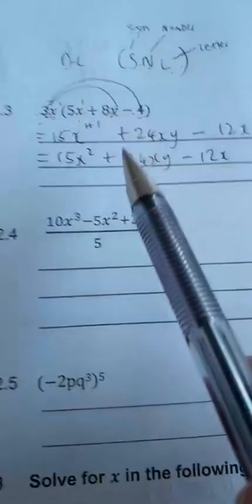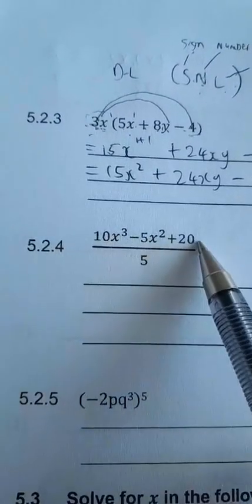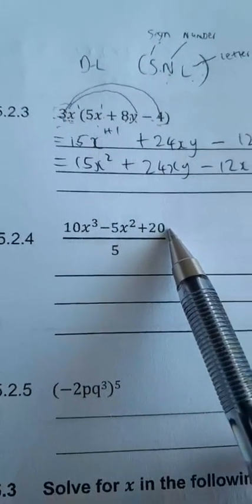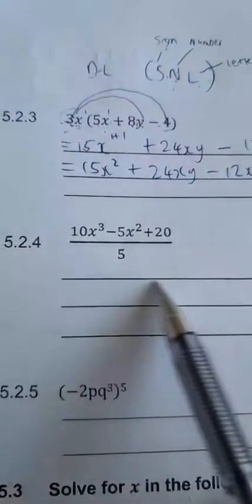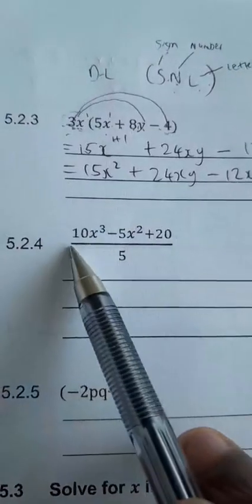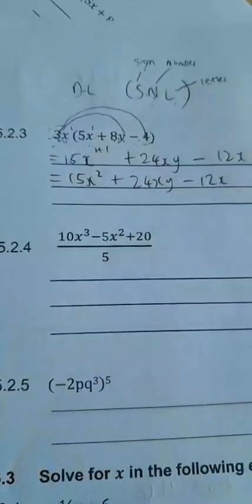So here 5.2.4, let's go. 10x cubed minus 5x squared plus 20, all over 5x. How many terms in the numerator? 3 terms. How many terms in the denominator? 1 term. This becomes 1 term because it's a fraction, but we acknowledge that there's 3 and 1. So what do we do whenever we have a situation like this?